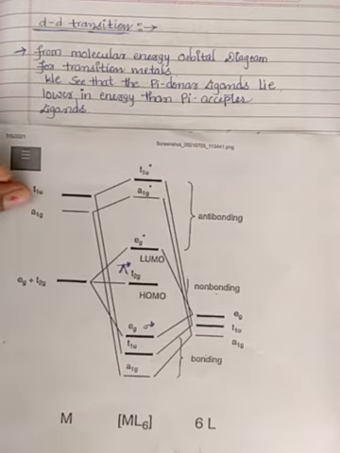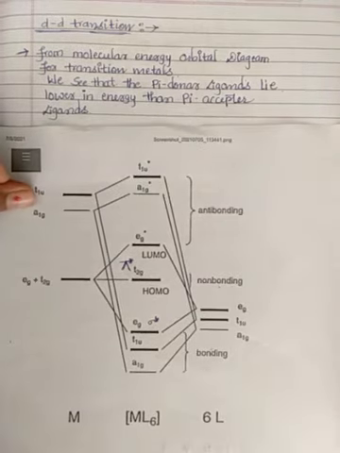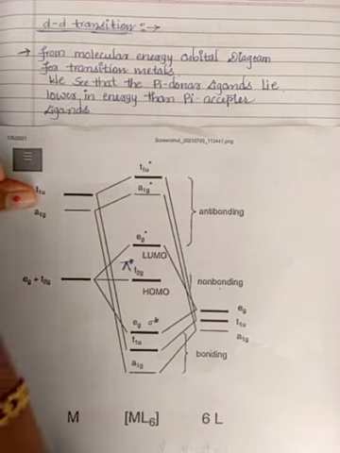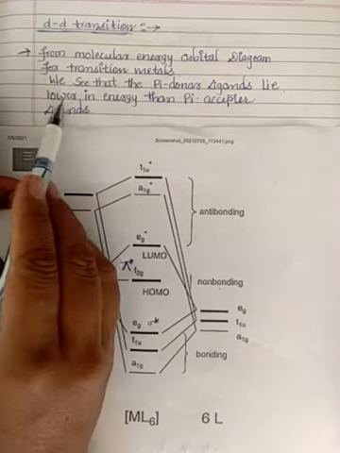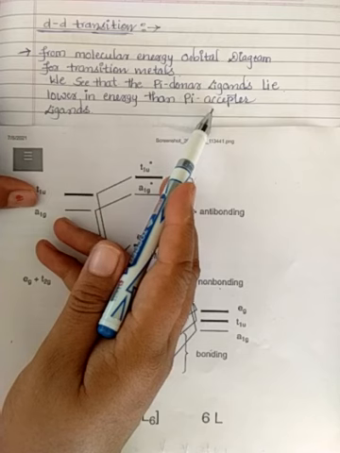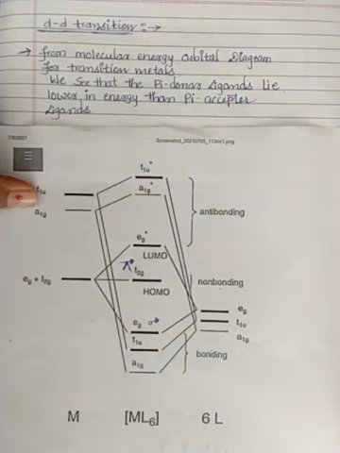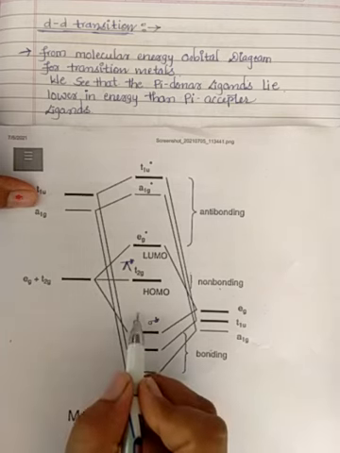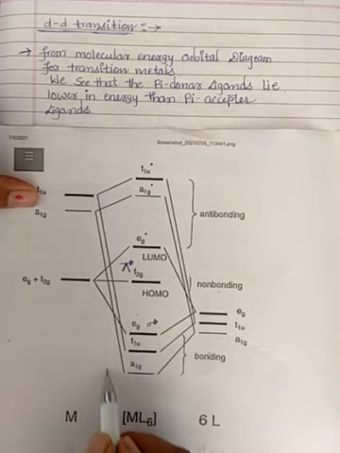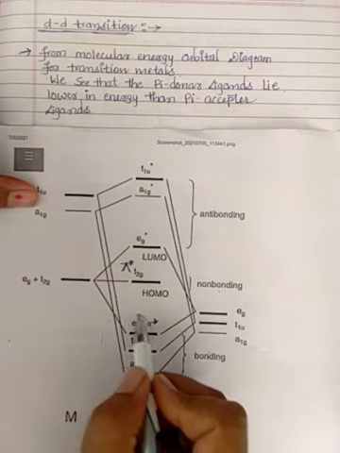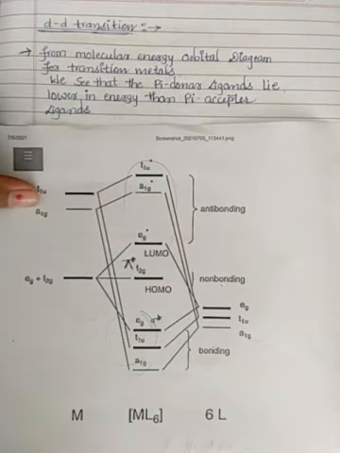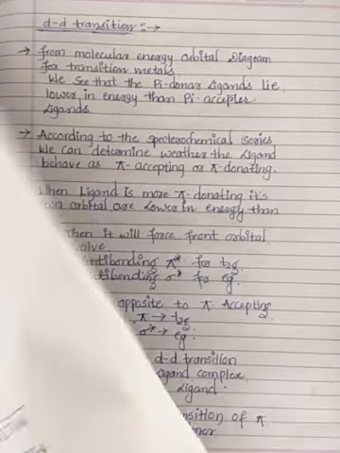From the molecular orbital energy diagram for transition metals, we see that pi donor ligands lie lower in energy than that of what? Pi acceptor ligands. So here, the pi donor ligands lie lower in energy than the pi acceptor ligands. What I have told already here, isn't it?